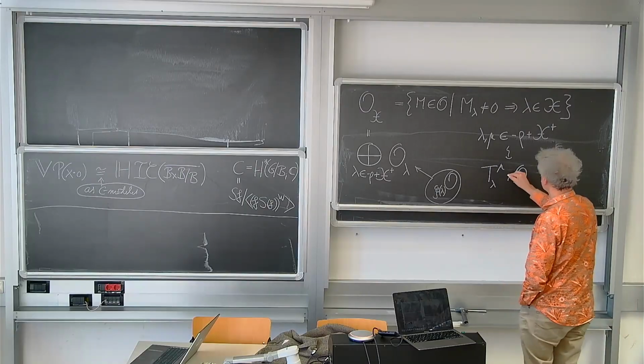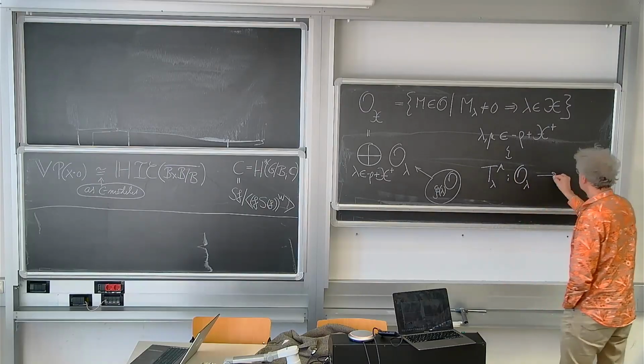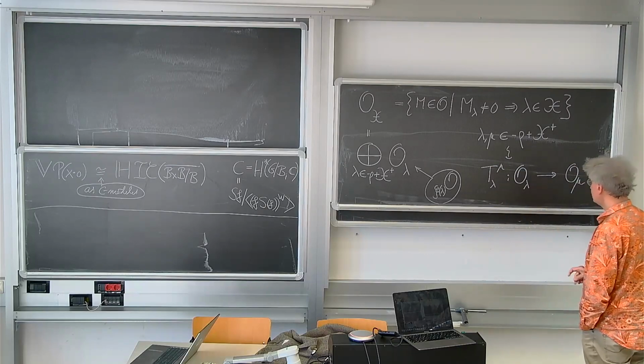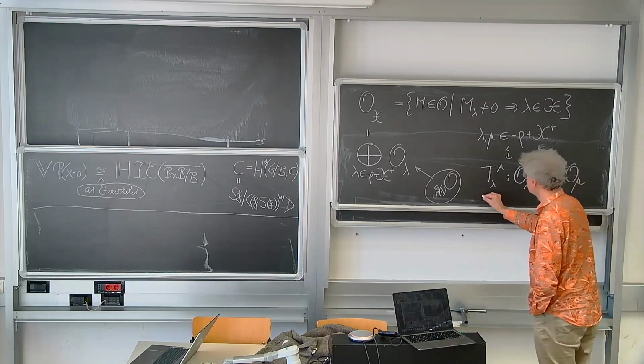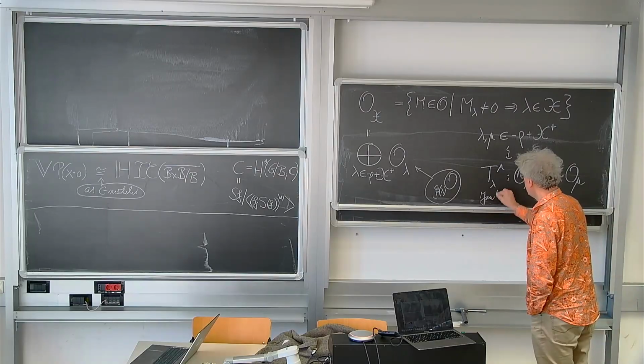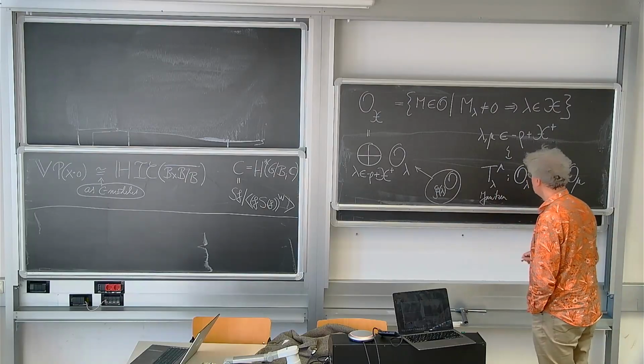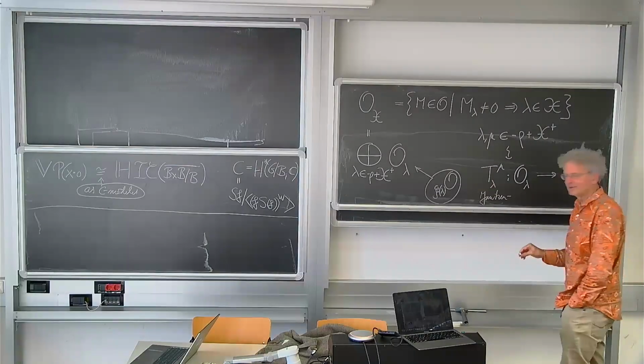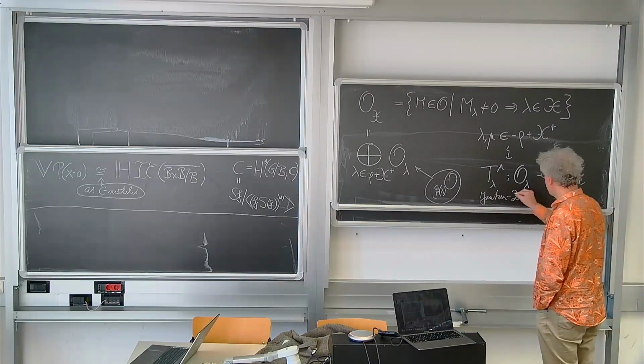It starts with the category of lambda and goes to the category of mu. And this T means translation, so this is Jantzen's, I prefer Jantzen's translation functor, but there's also Zuckerman, there are very similar things.